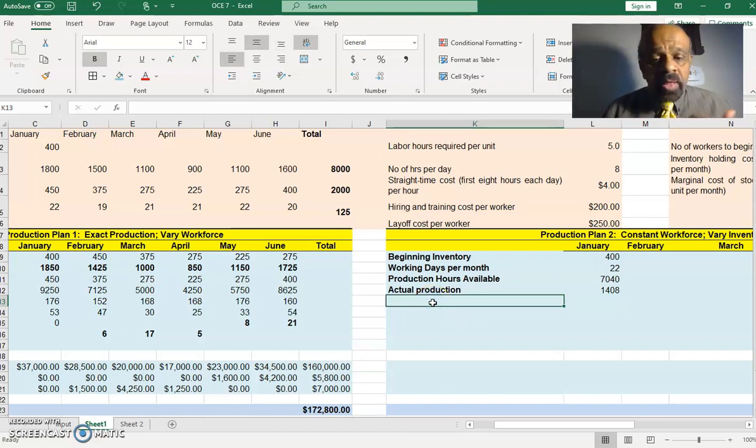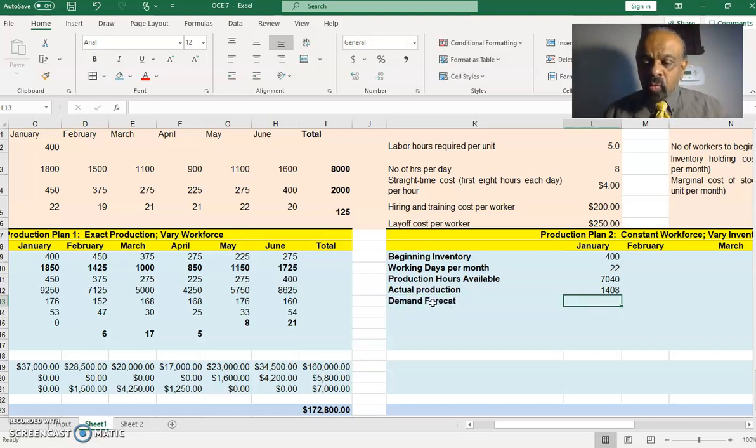The next thing I want to calculate is how much excess I have and how much shortage I have for each month with the constant workforce that I have. For that, I'm going to bring in the demand forecast, which is equal to 1800, which is given to you.